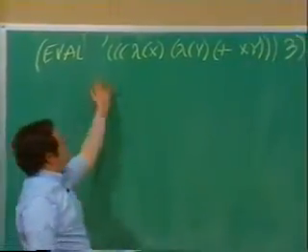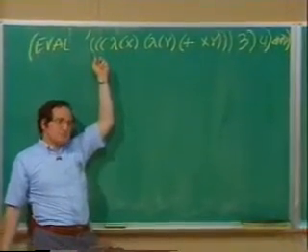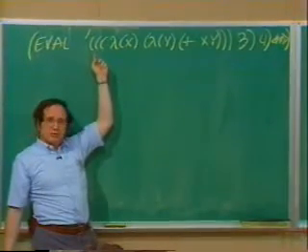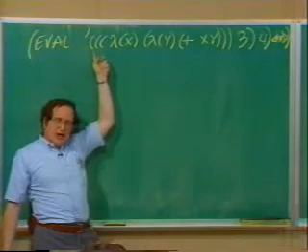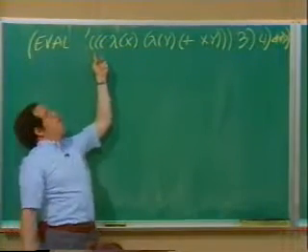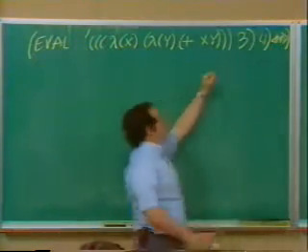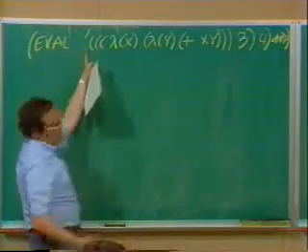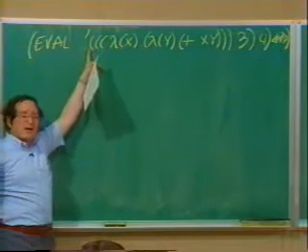Now what does it mean to do this evaluation? Well, we go through the set of special forms. First of all, this is not a number. This is not a symbol. It's not a quoted expression. This is a quoted expression, but that's not what I'm interested in. The question is whether or not the thing which is quoted is a quoted expression. I'm evaluating an expression.